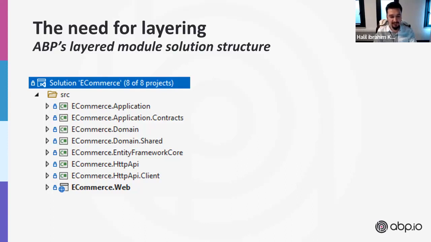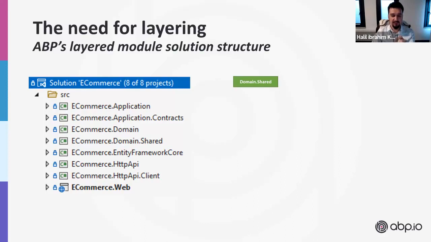When you implement this layering, it will be easier to host your module as a service or as a part of a monolith application. First, I will introduce this model. Most people maybe already know it, because when you follow ABP's documentation, you will see this approach. But maybe here you will understand better why we decided on this model.